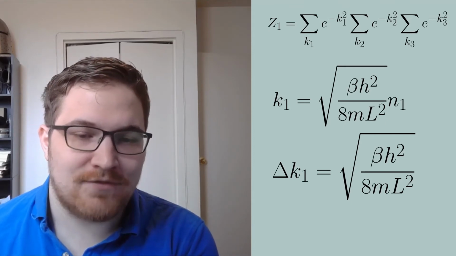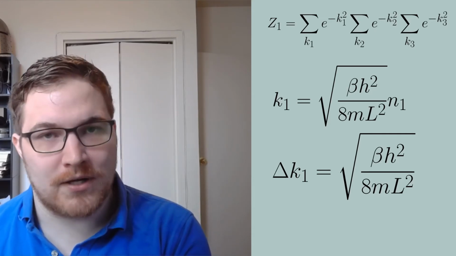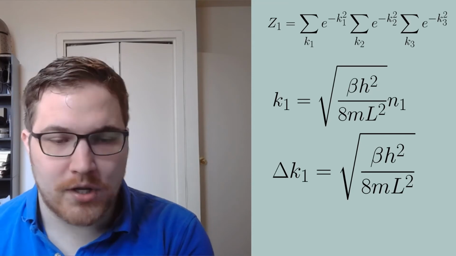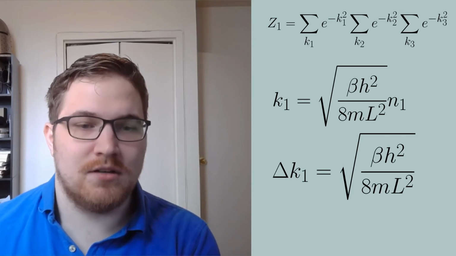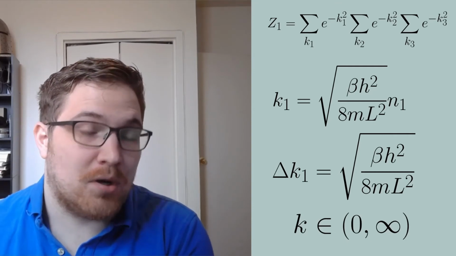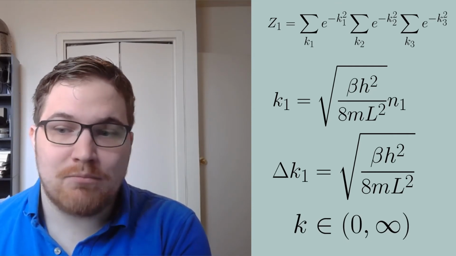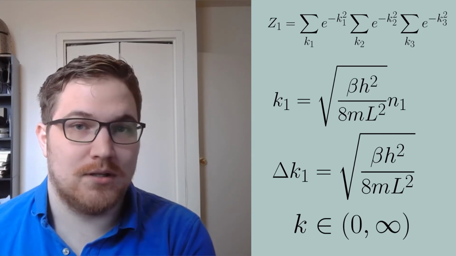And lastly, if the side lengths of the box are relatively large, this also shrinks delta k. Putting all of this together, we see that k is a positive number that goes from roughly 0 to positive infinity, and the spacing between points is extremely small in the regime we are interested in.